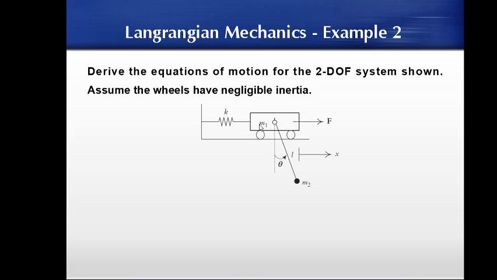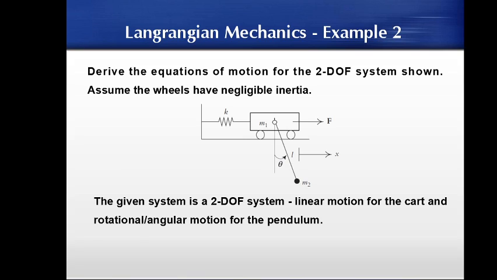The cart has a mass m1 attached to a rigid body using a spring with spring constant k, and it gets displaced by an amount x in the x direction. From the center of the cart a concentrated mass m2 is suspended using a rod of length L, and it gets deflected by a rotational angle theta.